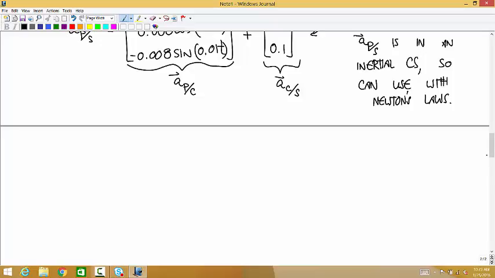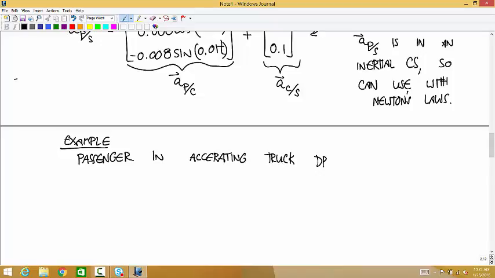Okay, let's do another example. Let's do one where you have to move these terms around. So let's say that a passenger in an accelerating truck drops a cup of coffee.